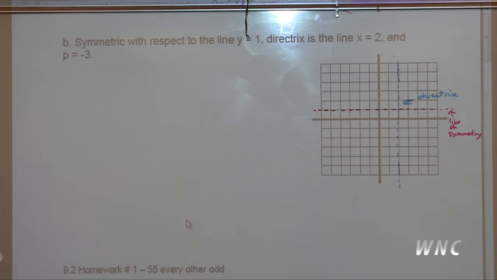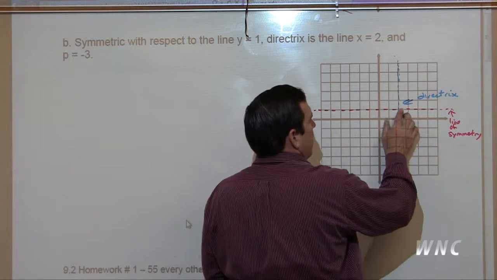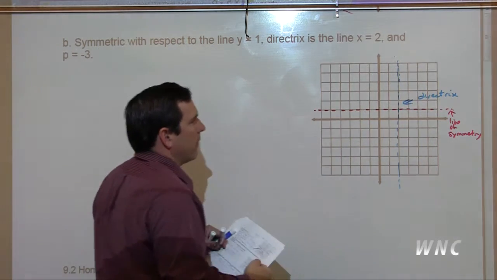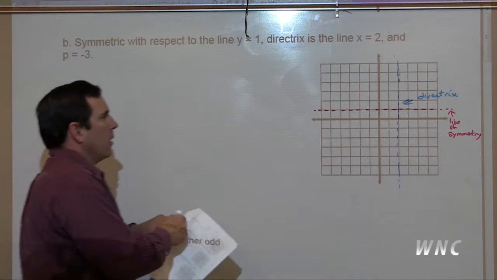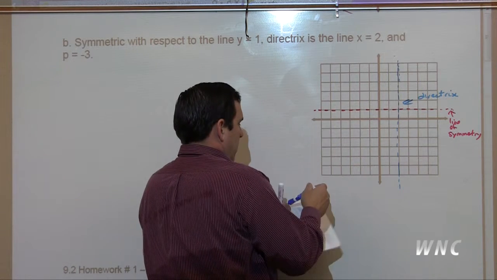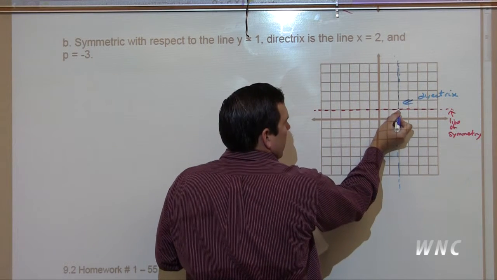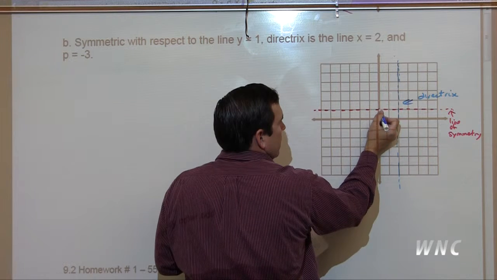So directrix is the line x equals 2. Okay, now P is negative 3. So P being negative 3 means it's going to open to the left. Our vertex is going to be then 3 steps from the directrix on this line. 1, 2, 3.